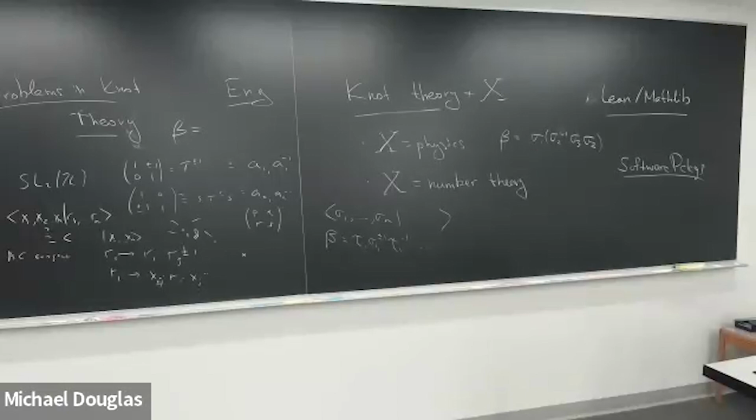You have a bunch of unlinks and a bunch of bands between them, and if you end up with the unknot, you can open up all the bands. I'm not sure if you can apply reinforcement learning to such a problem, but it might be easier than finding ribbon surfaces for a complicated knot. This is just about having an n component unlink and n-1 bands.